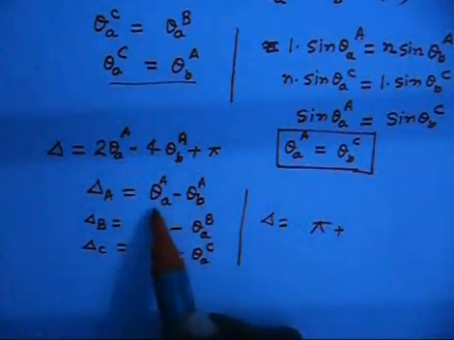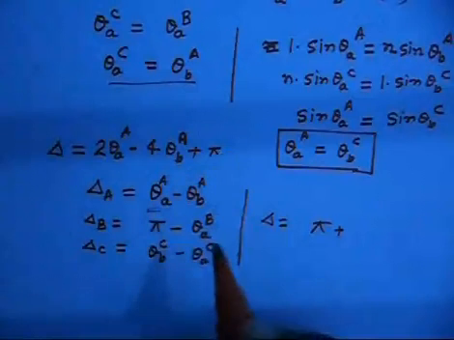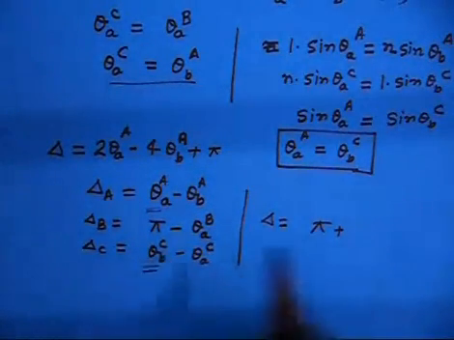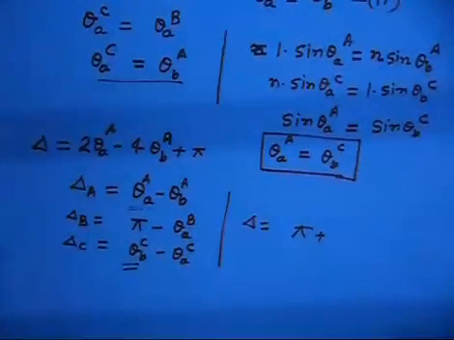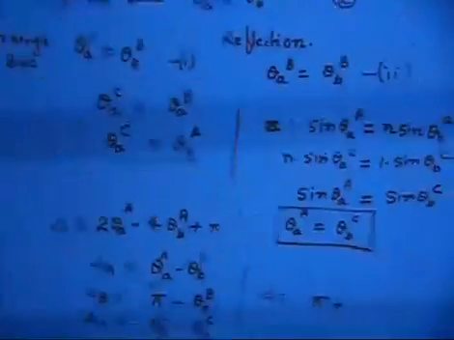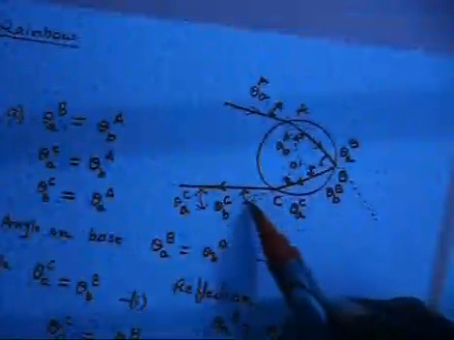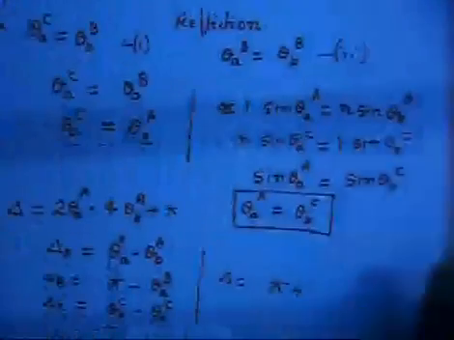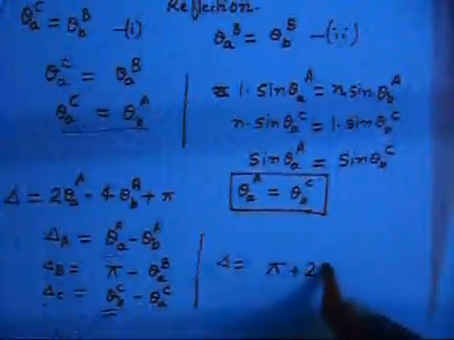So theta a at A here I have, and then theta b at C, and now you see theta b at C is the same as theta a at A. We have already proved. So now I can say plus 2 times theta a at A.